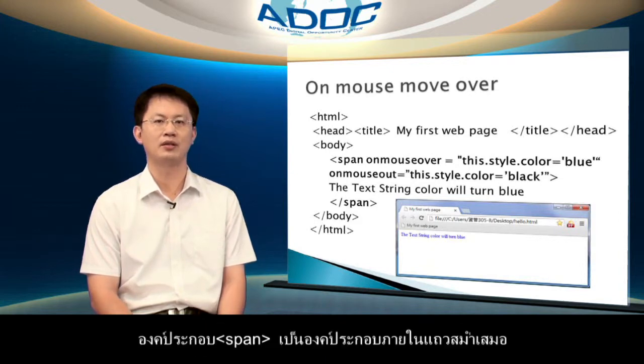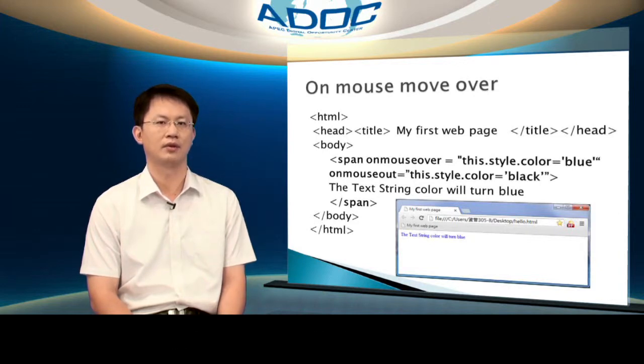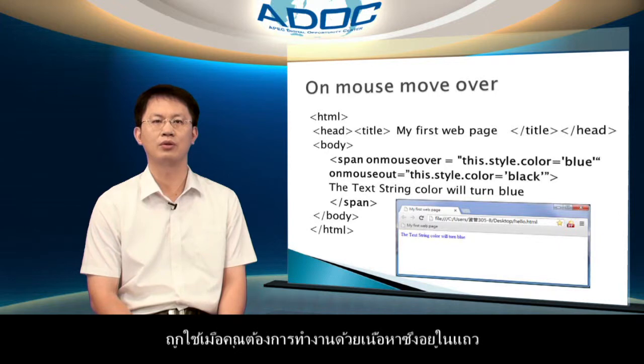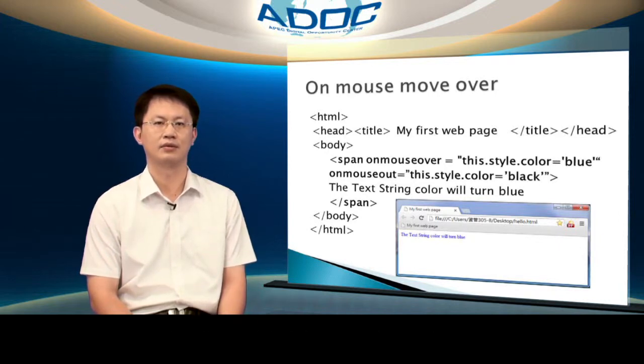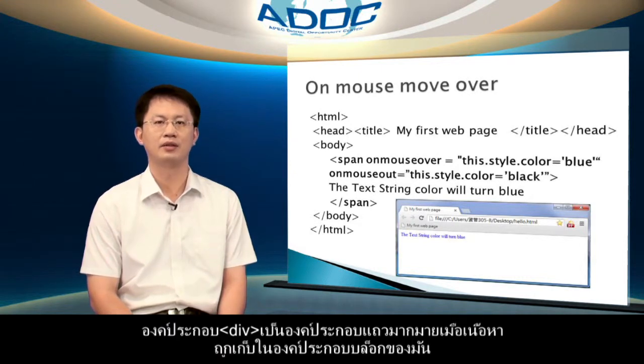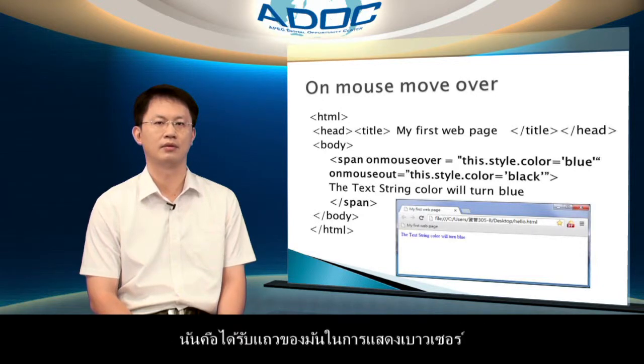The span element is usually an inline element used when you want to work with text that's inline, that is, part of a line. The div element is a multi-line element where text is contained in its own block element, that is, it gets its own lines in the browser's display.